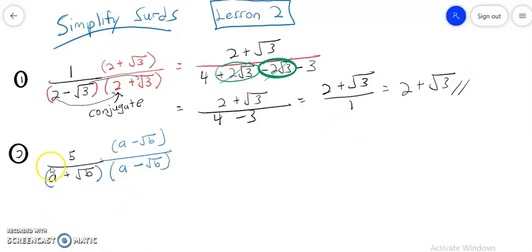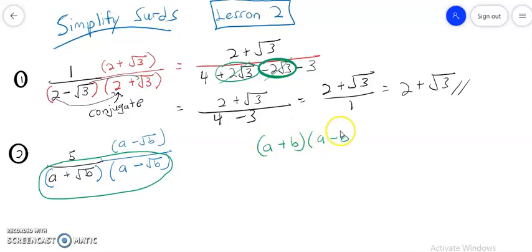Let me explain further about multiplying this conjugate. Multiplying a conjugate is similar to multiplying a plus b and a minus b. At the end you will be getting a square minus b square, and the middle terms will be cancelled.